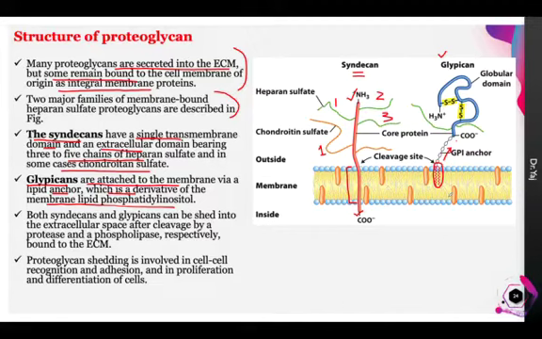What we need to remember is that both syndecans and glypicans can be shed into the extracellular space after cleavage by a protease or a phospholipase, respectively, and they remain bound to the extracellular matrix even after they have been shed into the extracellular matrix.